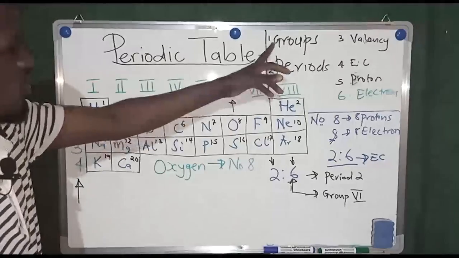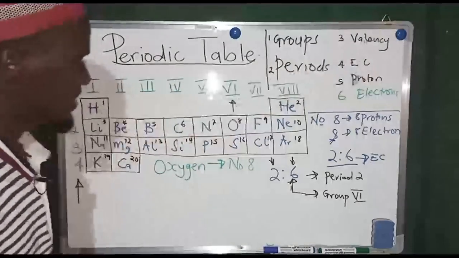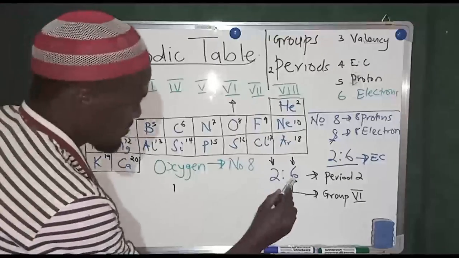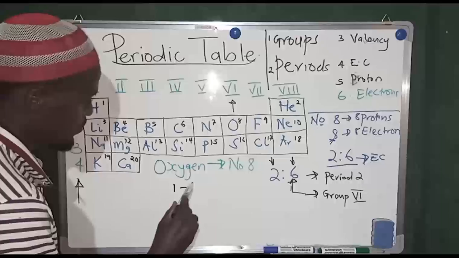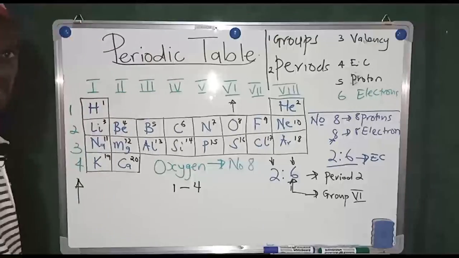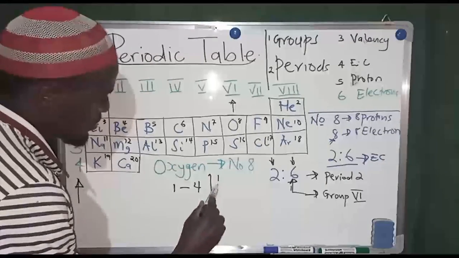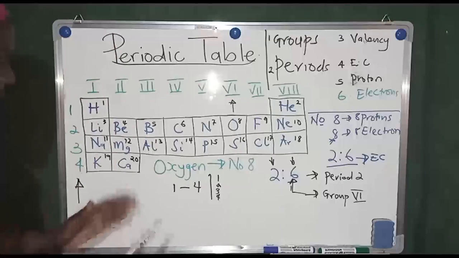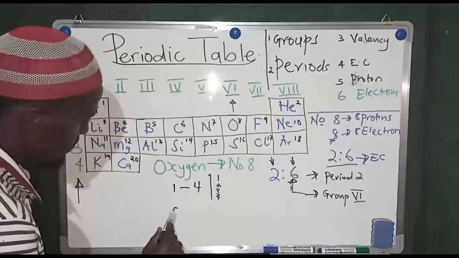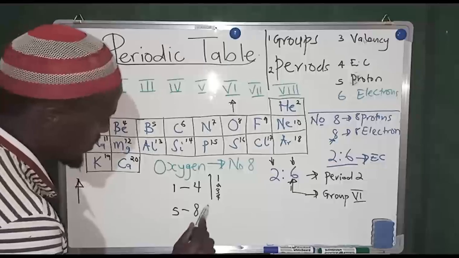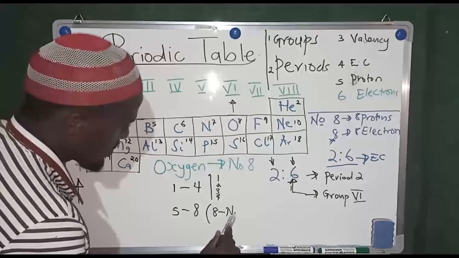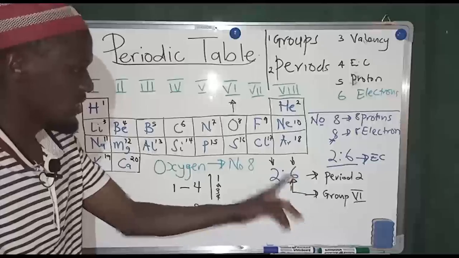Now, we have known this one and this one. What about the valence? If the last number is from 1 up to 4, just write the valence as 1, 2, 3, 4 on that element. But if the number is 5 to 8, what you do is to say 8, subtract that number you have on the last shell.